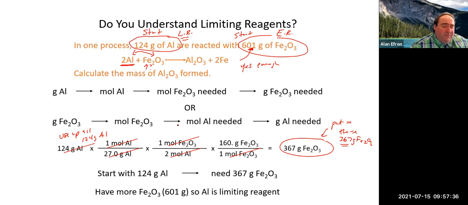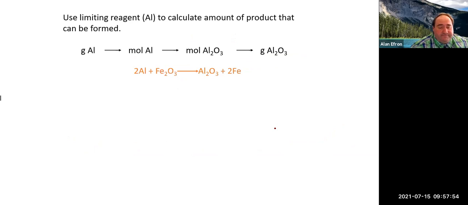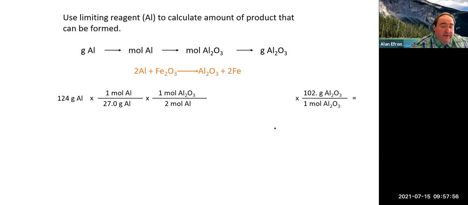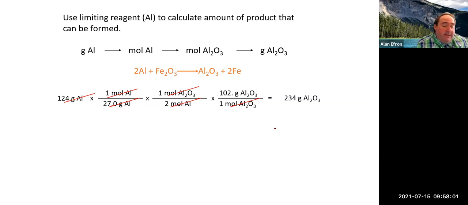You could also do it mole to mole. You could stop here and compare moles to moles, but you could also go all the way to grams. And in this method, once you do that calculation and determine that aluminum is the limiting reagent, then you do a separate stoichiometry problem where you start with the aluminum and figure out how much product you would produce, because, as we talked about, it is the aluminum, our limiting reagent, that determines how much product is produced.